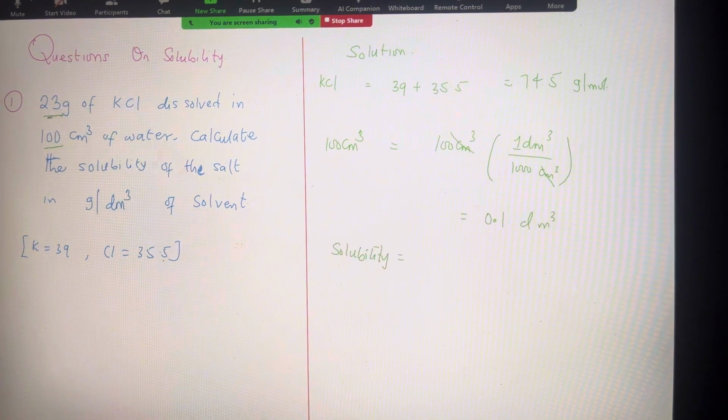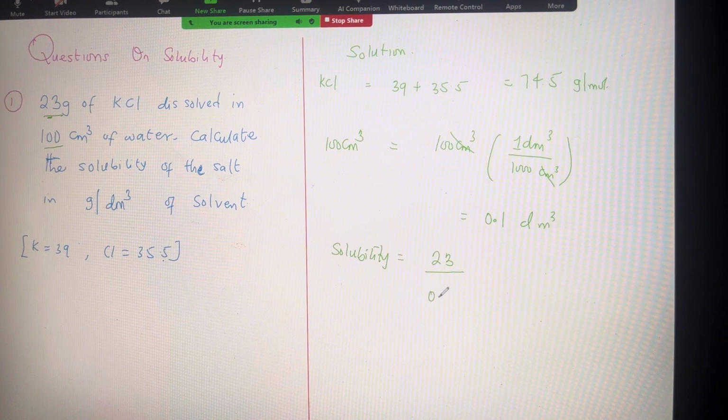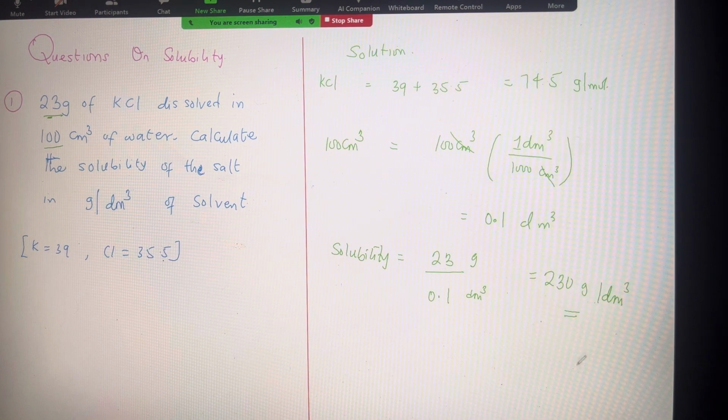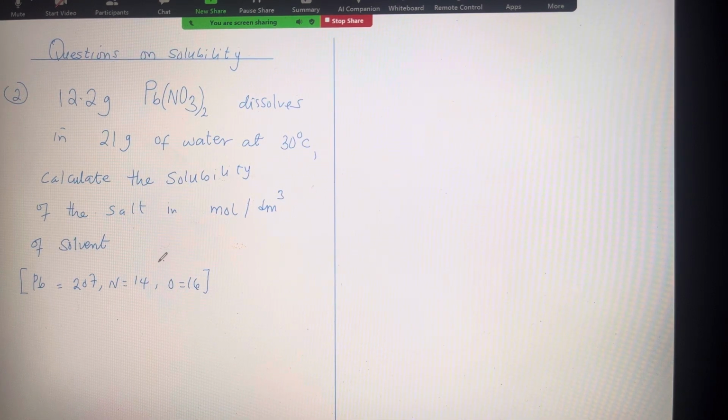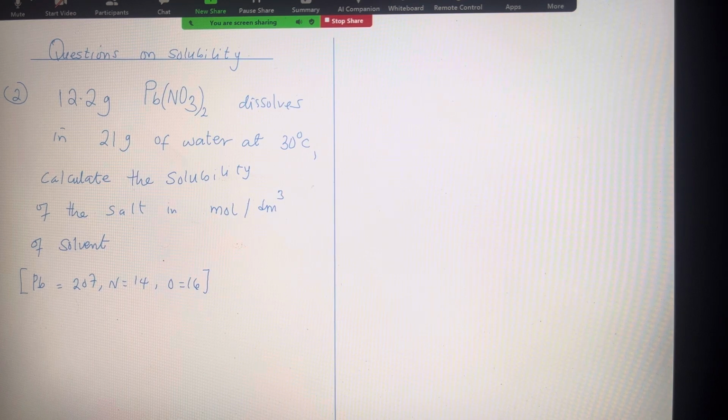Then next, you want to map out the volume of water as 100 cm³, so that's why all that was done. The solubility is therefore the mass over this volume here, because they wanted it in gram per dm³ for that question. And then this next one has to do with calculating the solubility of the salt.